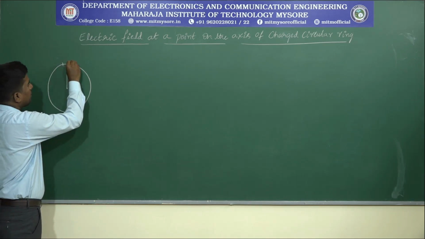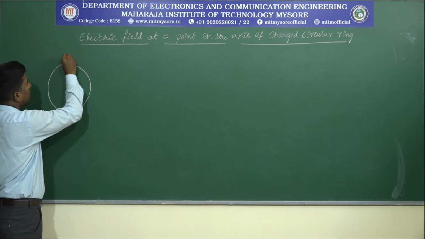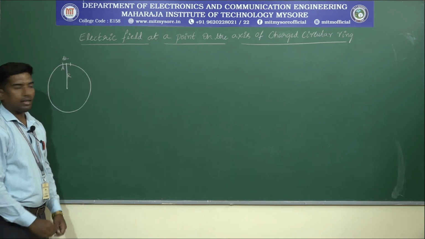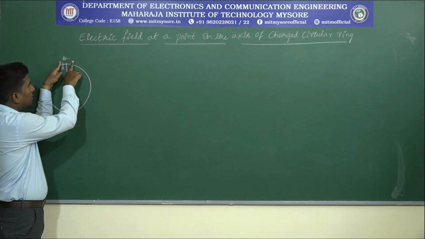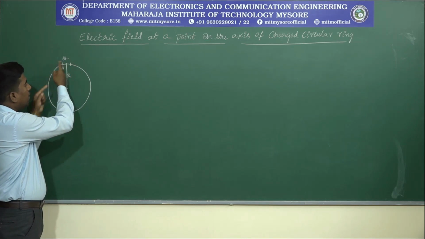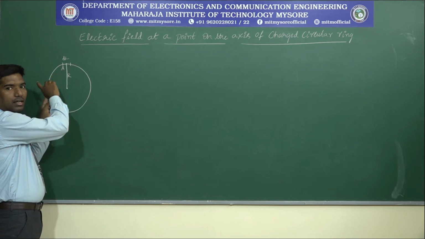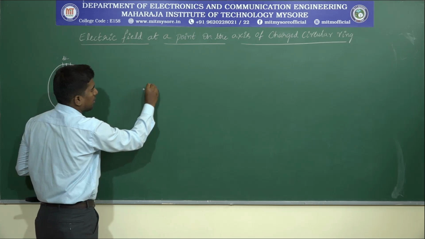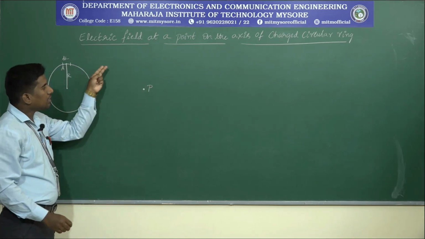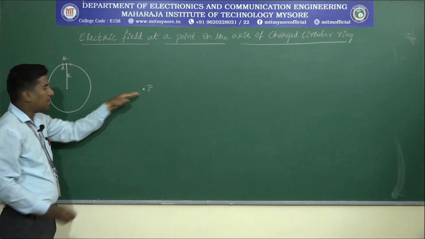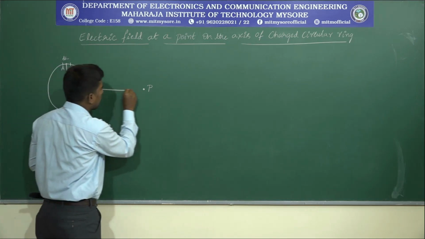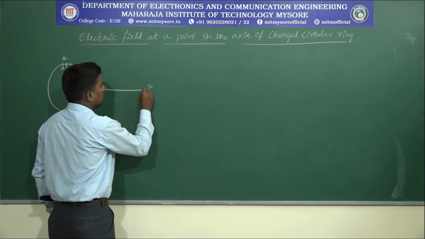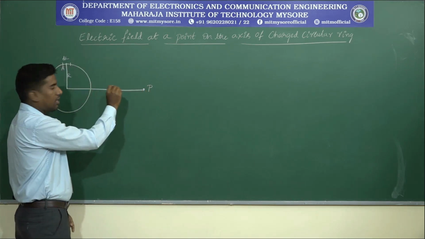Let us consider the elementary length dl at point A on the circumference of this charged circular ring. Let P be the point at which the electric field intensity is to be determined, which is along the axis of this circular ring, along the x-axis direction.